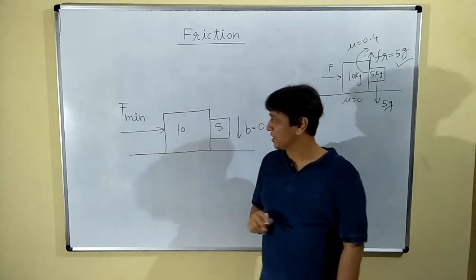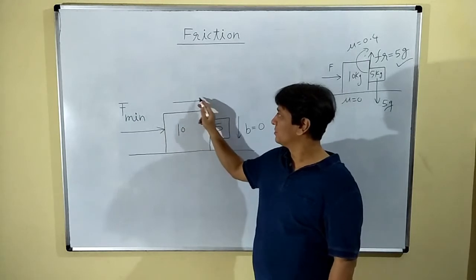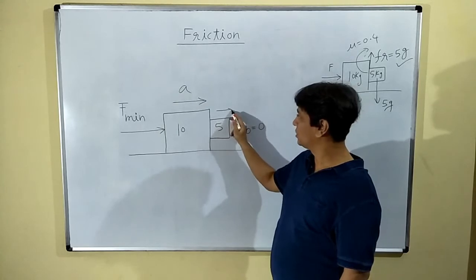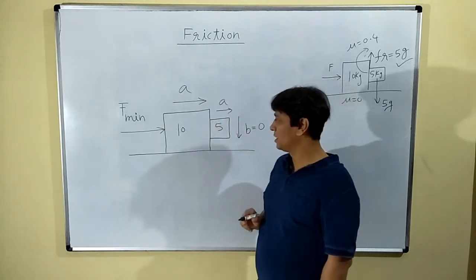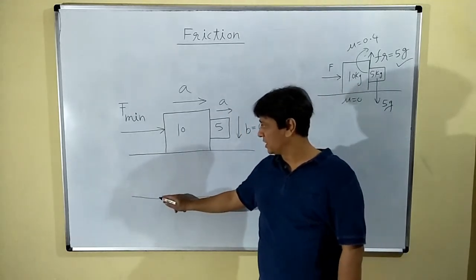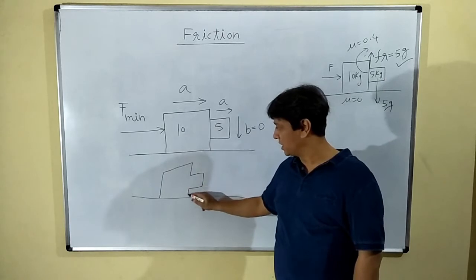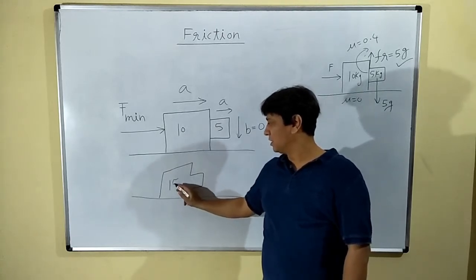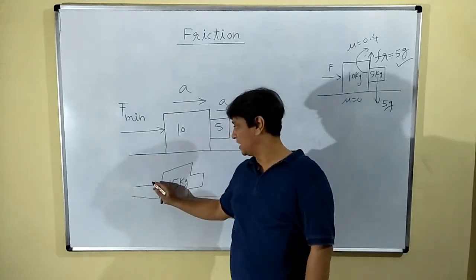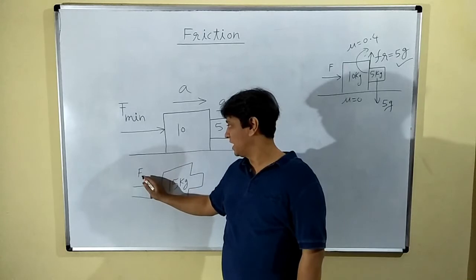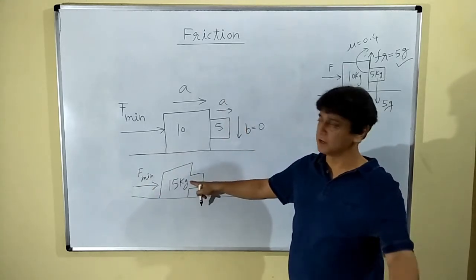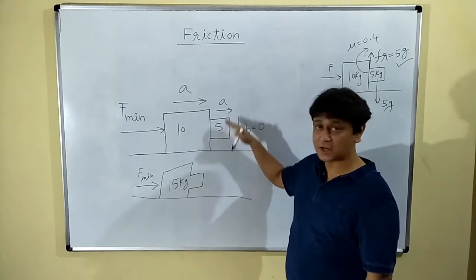We are interested in F minimum. आपको पता है that this thing is going to move horizontally with A, this thing is also going to move horizontally with A.